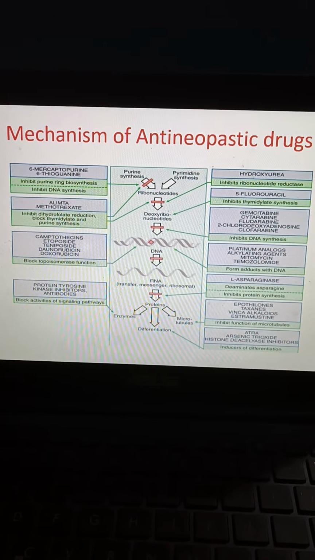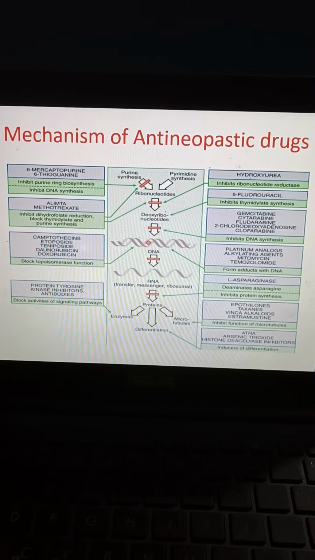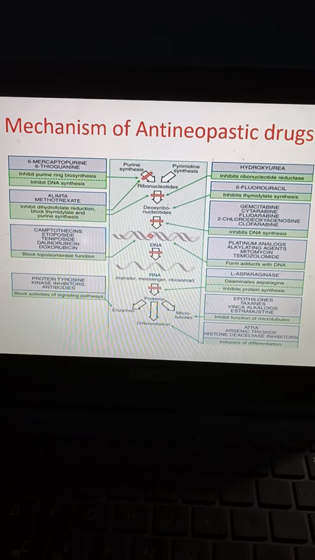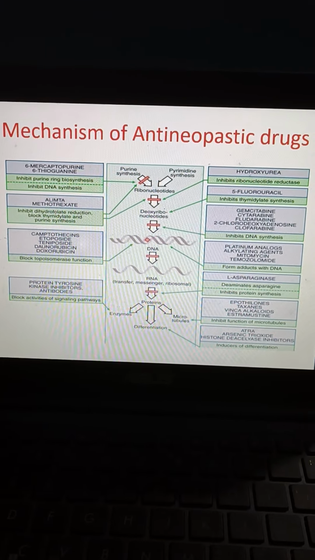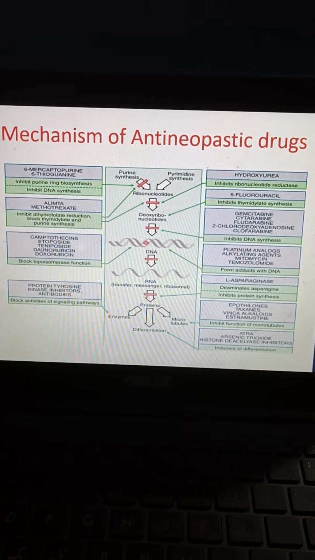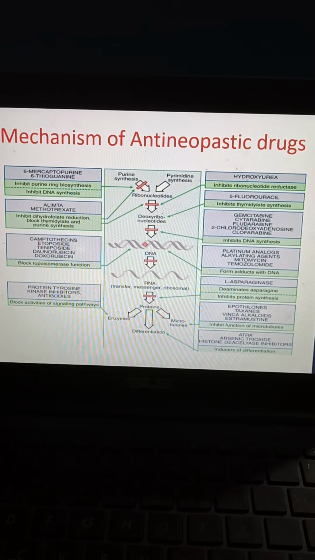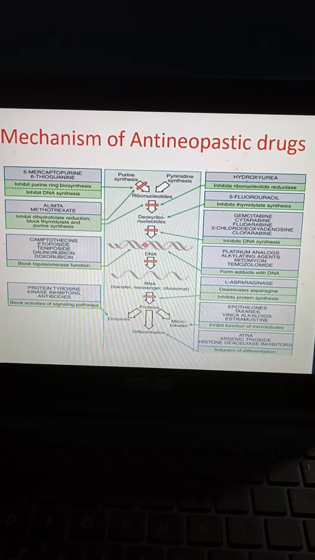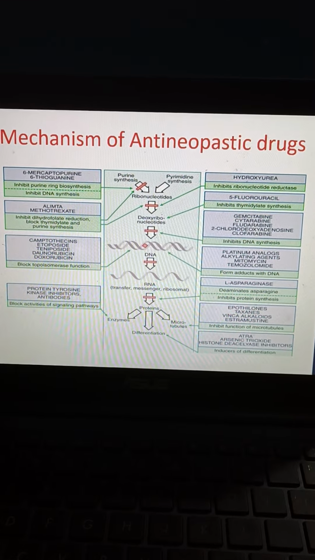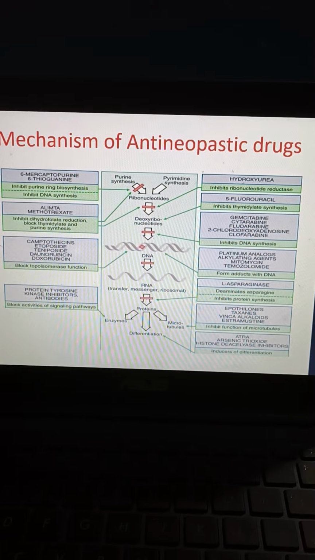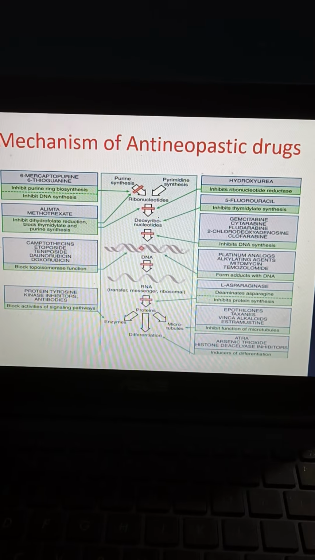So this is a good picture showing the mechanism of antineoplastic drugs, starting with purine synthesis. At every step there are some drugs that inhibit the neoplasia. 6-mercaptopurine and 6-thioguanine inhibit purine ring biosynthesis and inhibit DNA synthesis.